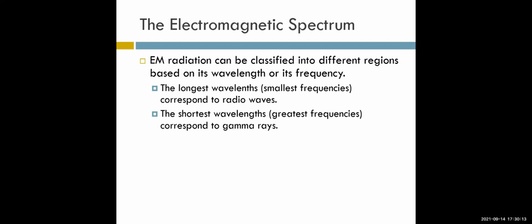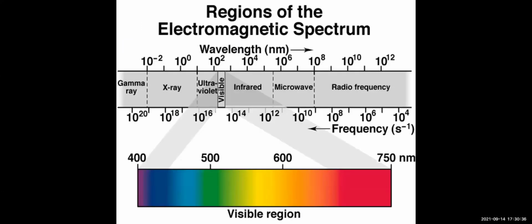Okay, so what we're going to do here is break the electromagnetic spectrum into several different regions. You can do that based on wavelength or frequency. The very longest wavelengths, which would be the smallest frequencies, are the radio waves. The very shortest wavelengths, or the greatest frequencies, are the gamma rays. This is a diagram that shows the entire electromagnetic spectrum.